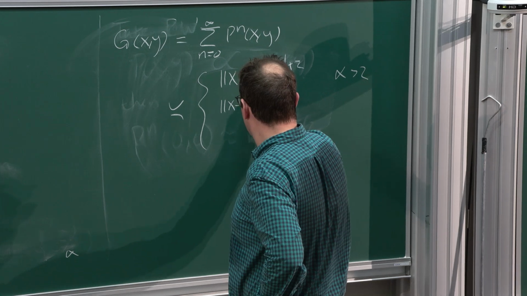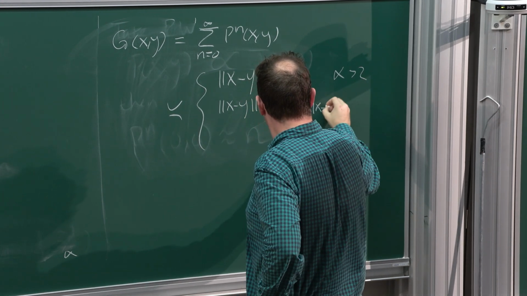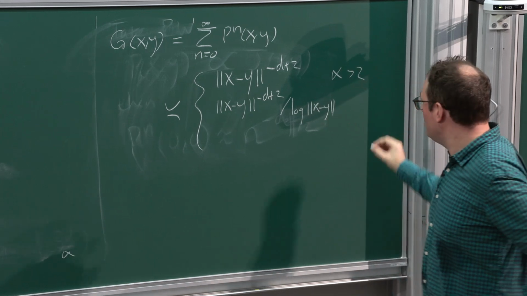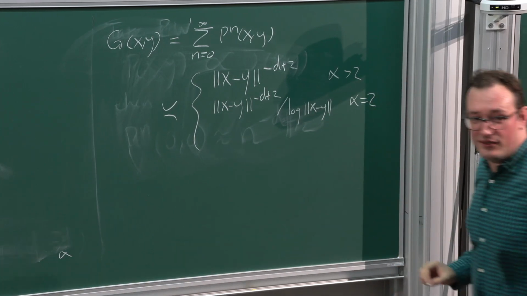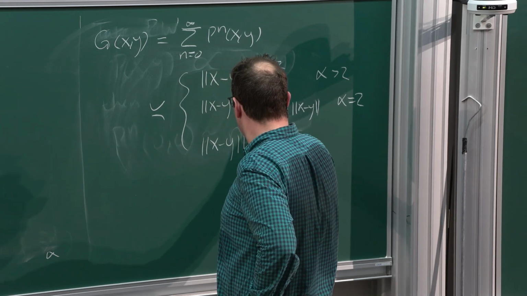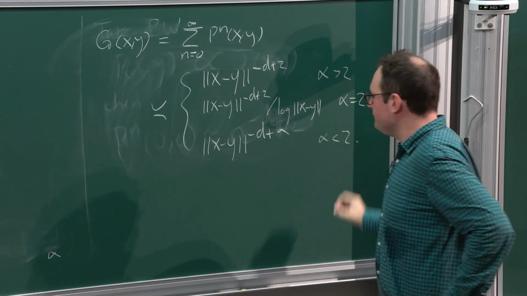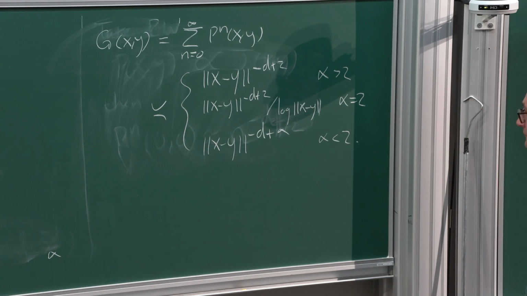It decays like the same power but with a 1 over log factor when alpha is equal to 2, and it scales like |x-y| to the minus d plus alpha when alpha is less than 2. Okay?